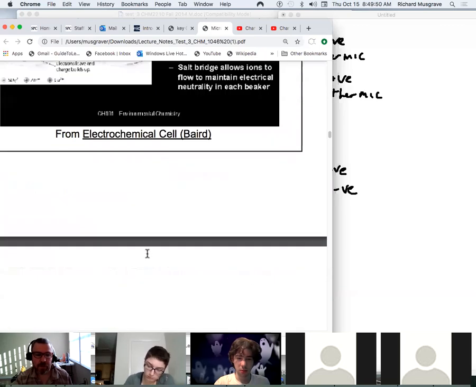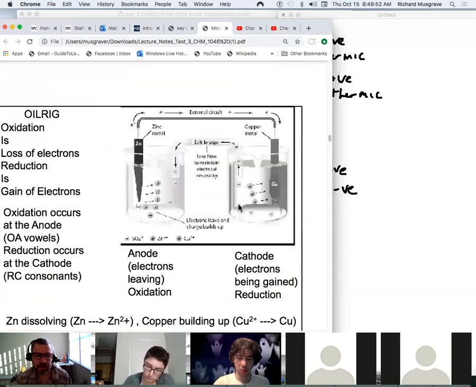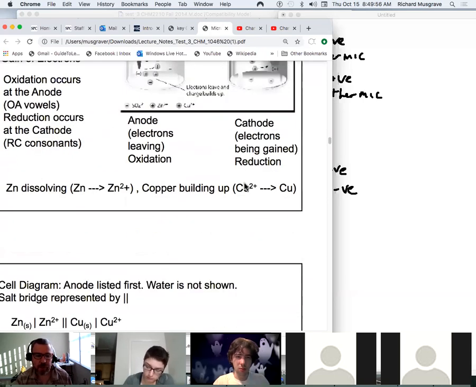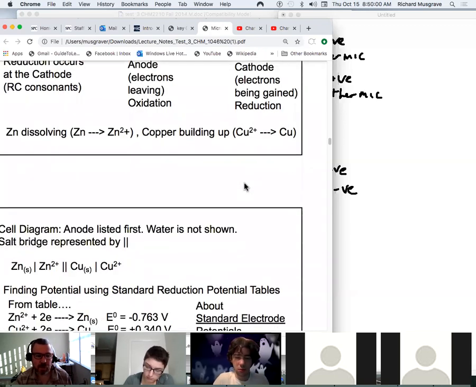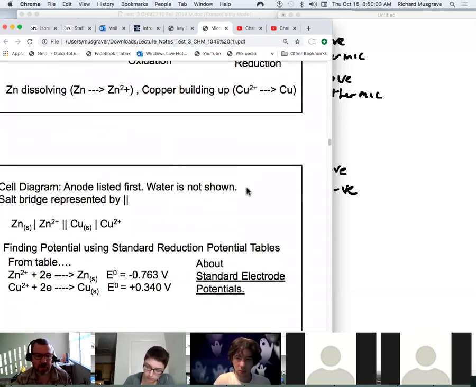So instead of drawing out these diagrams like this and showing the pretty pictures and all, we have a shorthand way of presenting these electrochemical cells. And what we use is what's called a cell diagram. Now, by convention, the anode is always going to be first in the cell diagram.